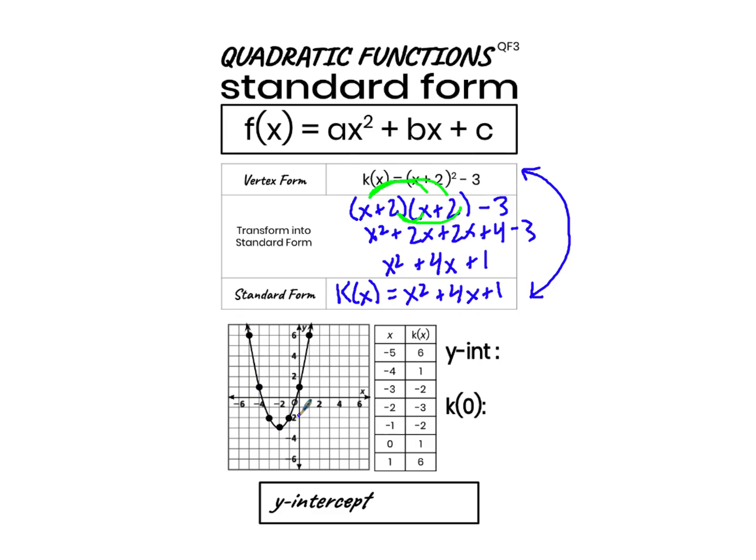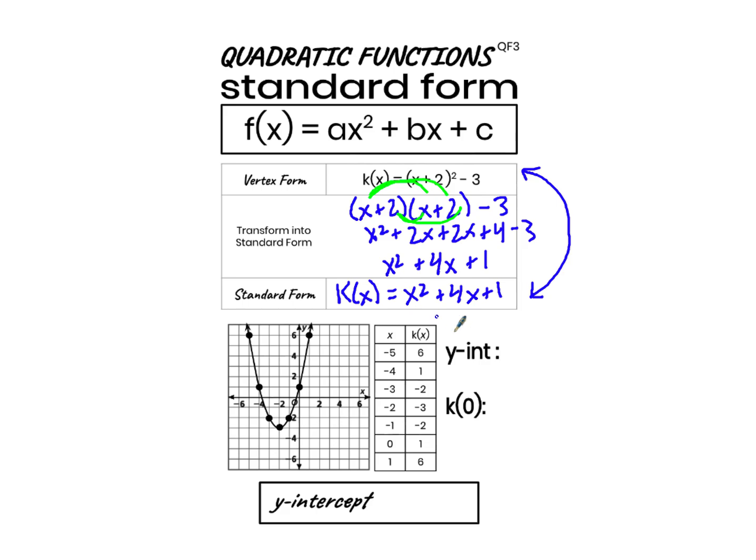We can see very clearly that this is the graph of k of x equal to x plus 2 squared minus 3, because we know the transformation rule, left 2, down 3. We also know that the vertex is x equals negative 2, y equals negative 3. And then this is the table that goes with this graph.